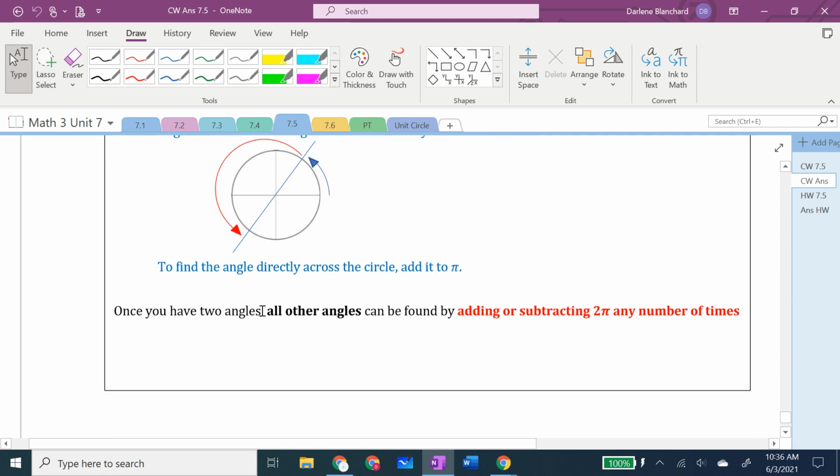And so this is a general explanation: regardless of what trig function you're dealing with, if you can find those two spots on the circle, adding or subtracting 2 pi any number of times will find you everything. But if you understand that tangent and cotangent have periods of only pi, finding one is enough.